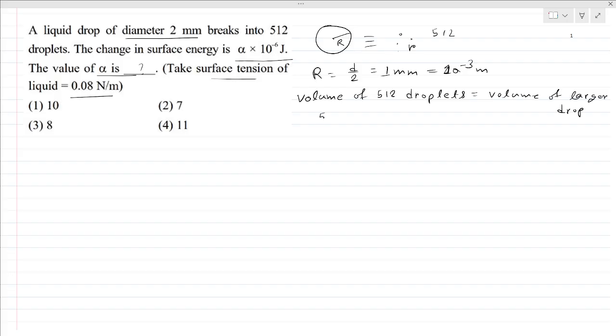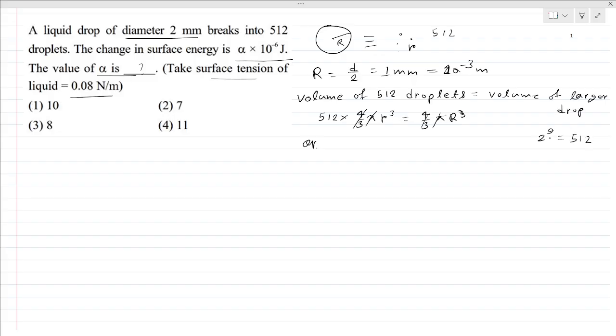Therefore, you can write 512 into 4 by 3 pi r cube equals 4 by 3 pi R cube. So 4 by 3 pi cancels out on both sides, and 512 can be written as 2 to the power 9.